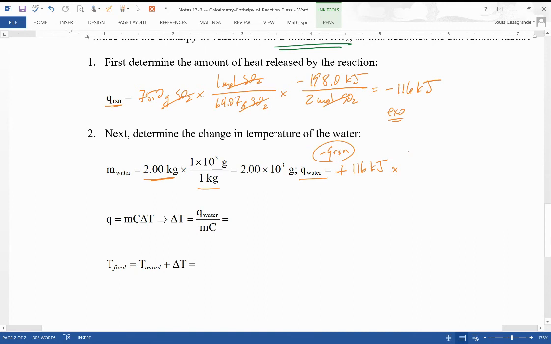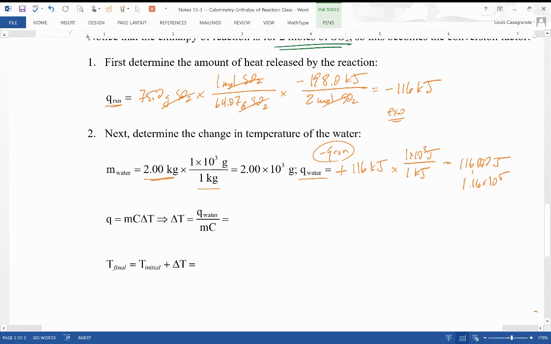So we're going to take 1 times 10 to the third joules in 1 kilojoule. And that's going to turn out to be 116,000 joules. Or you can write 1.16 times 10 to the 5th if you want to do that.